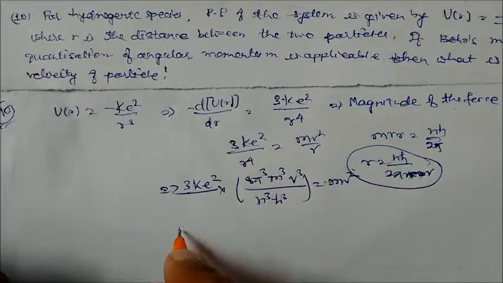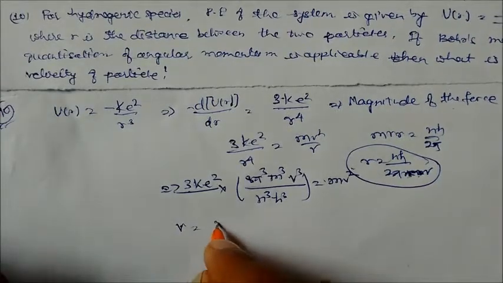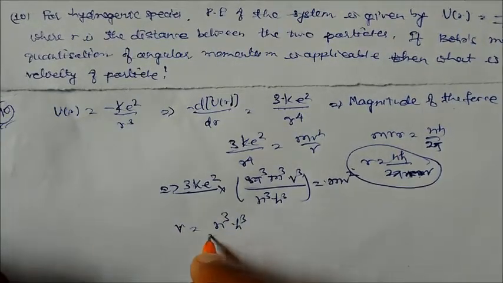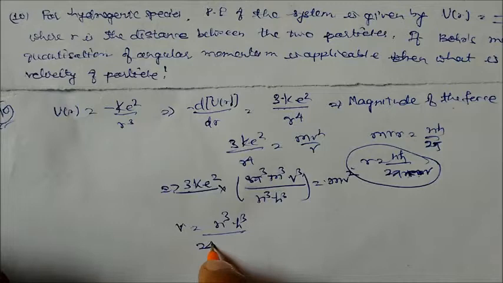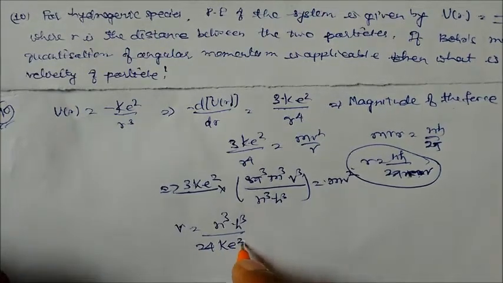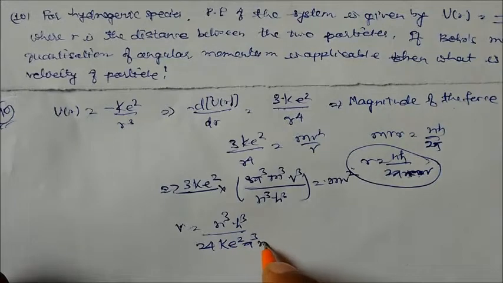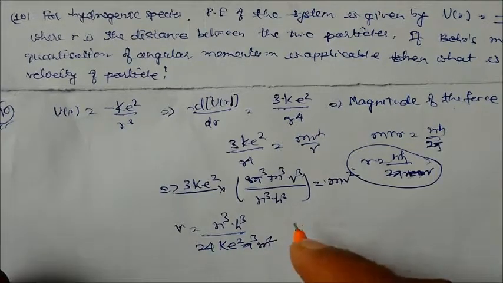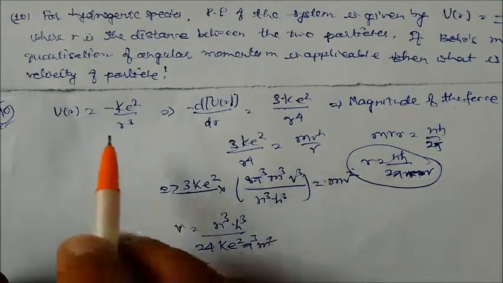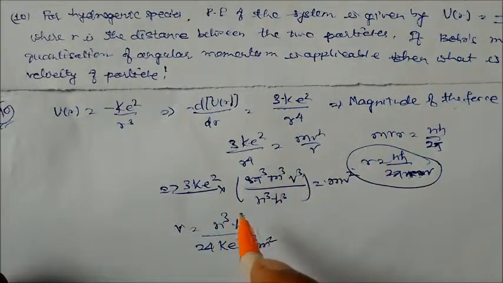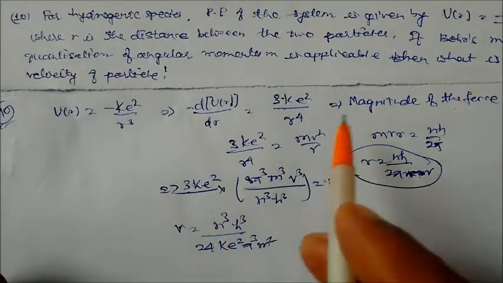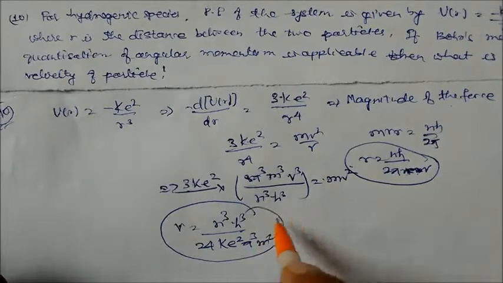So here v will be n cube h cube divided by 24 Ke square pi cube m square, and this is our velocity. So this is the velocity of the particle.